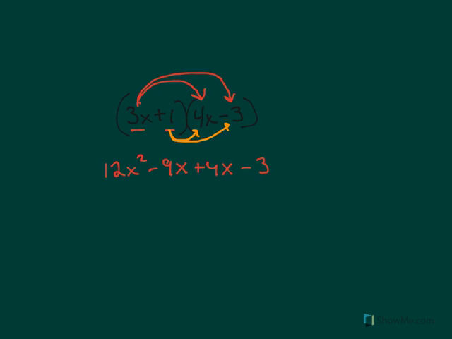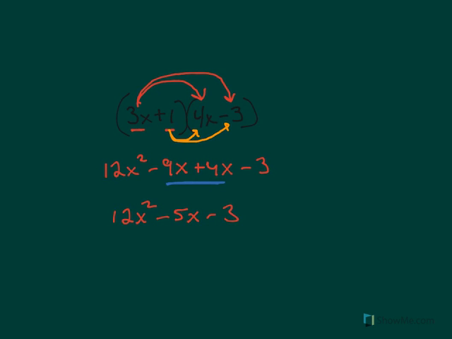And then you often have like terms that you need to look for, and they usually show up right in the middle. So notice right here we have negative 9x and positive 4x. So we can simplify this statement. It's going to be 12x squared. The negative 9x and the positive 4x, you can put those together, combine like terms. That's going to be negative 5x. And then you have the minus 3.